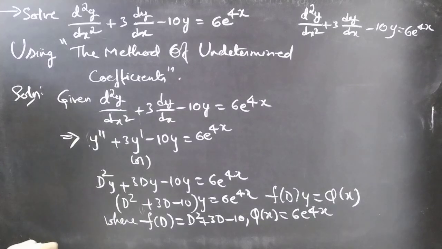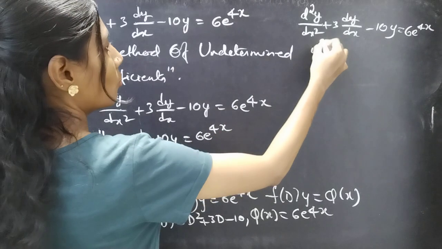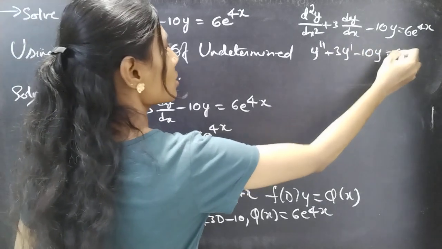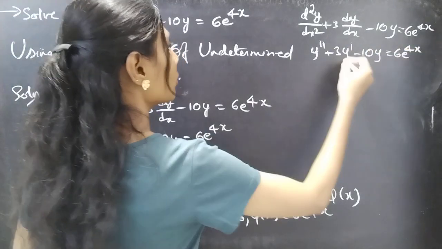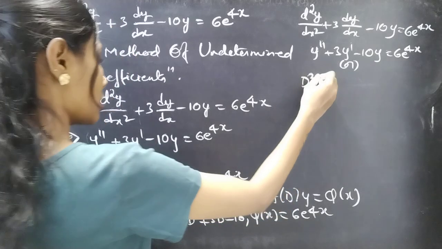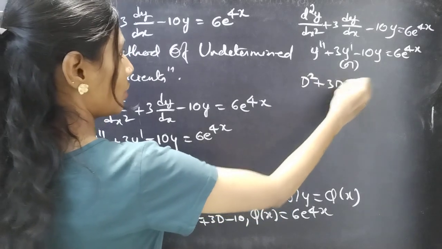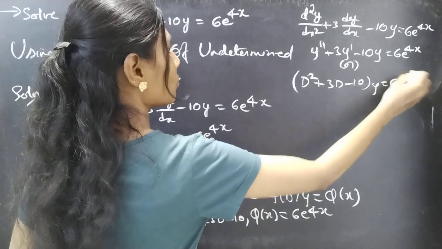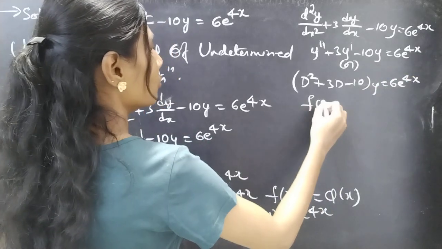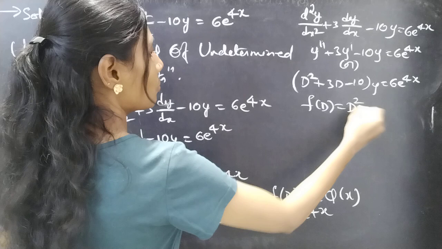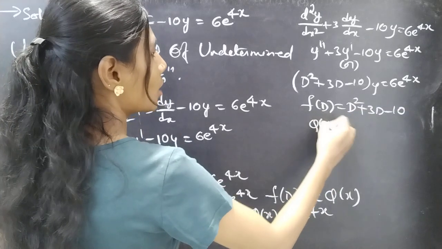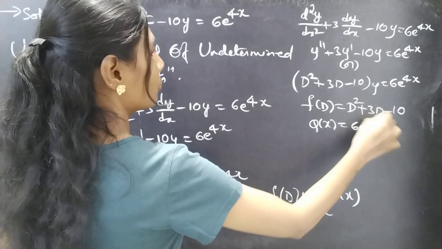So we can write the given differential equation as y double dash plus 3y dash minus 10y equal to 6 e power 4x, or d square plus 3d minus 10 into y equal to 6 e power 4x, where f of d equal to d square plus 3d minus 10 and q of x equal to 6 e power 4x, right?